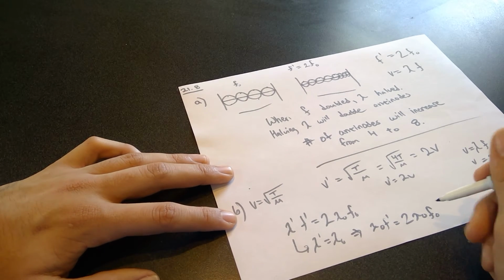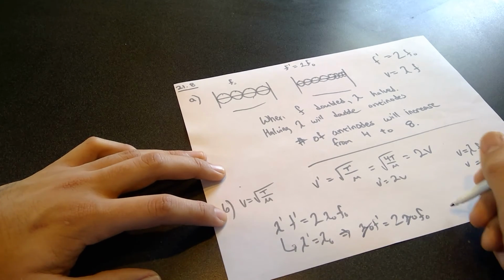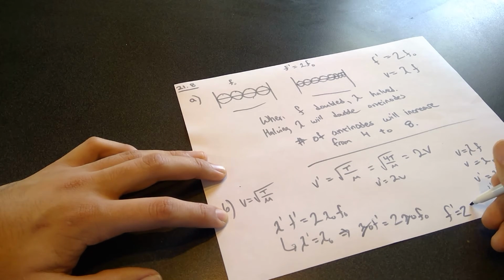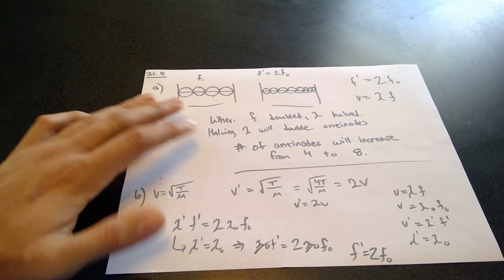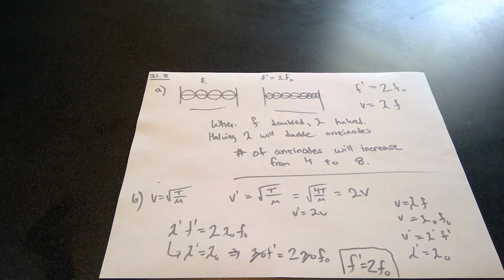We get rid of some of these factors, and we get our new frequency, f1, is equal to twice our old frequency. So if you multiply your tension by a factor of 4, you will get a frequency that is twice as high.